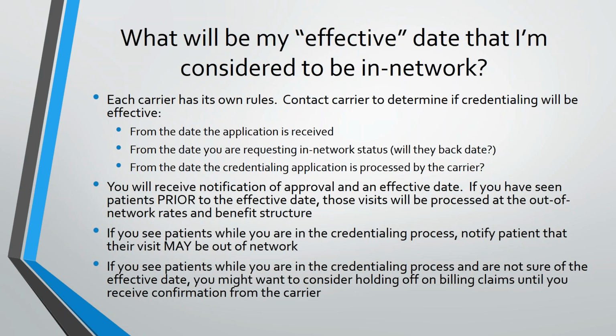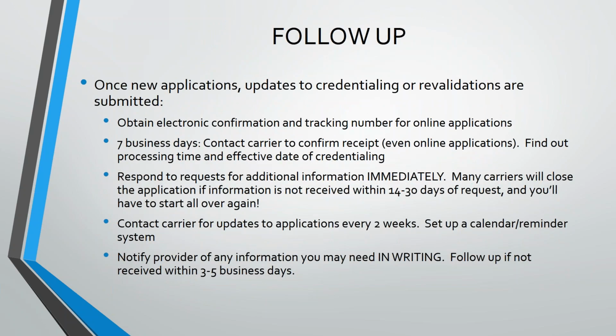Because if we process it now and they process it out of network and then later on credential us with an effective date, then we're going to end up having to reprocess this claim. So rather than go through all of that, we're just going to hold off on the billing. So don't expect to receive anything from the insurance company until we have completed the credentialing process. And you may want to notify your patients of that and ask them to be patient with you while you go through the credentialing process.